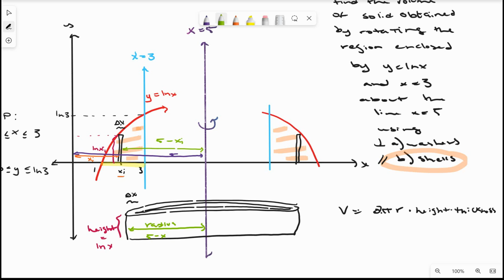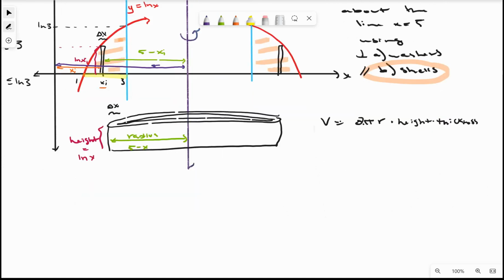Let's leave out the i, because this is where we're going to plug into the integral. So that's everything we need. The thickness is delta x, which is going to become dx in the integral. Now let's set up the integral.